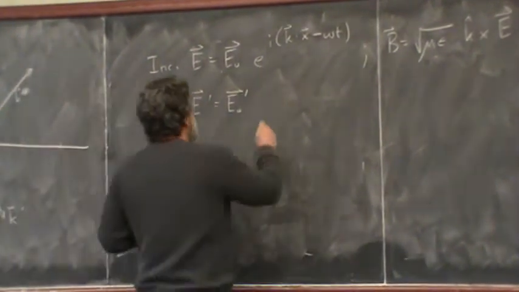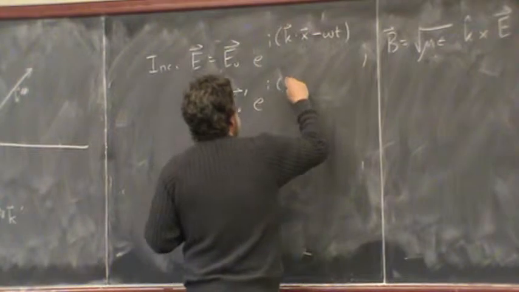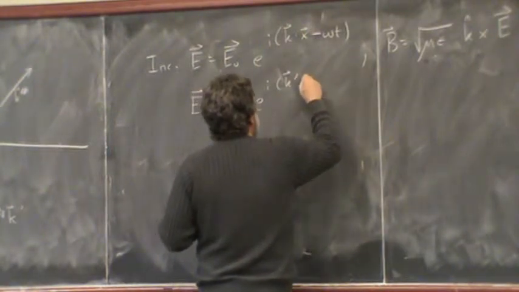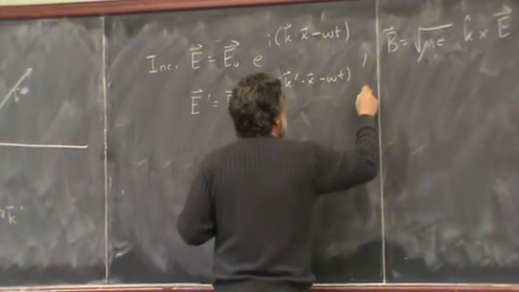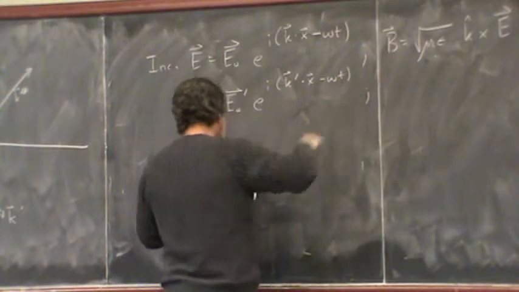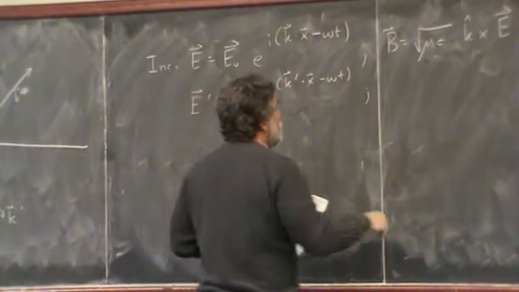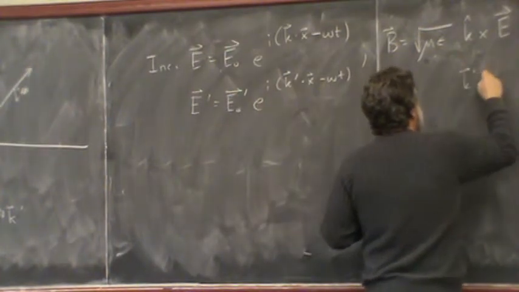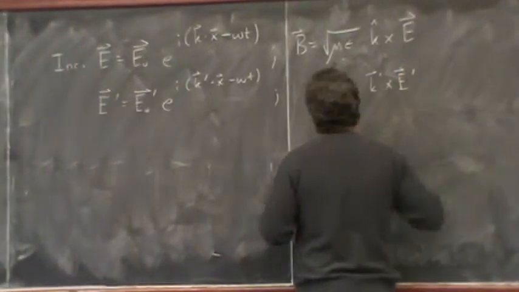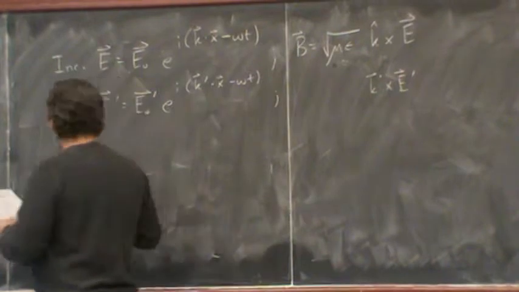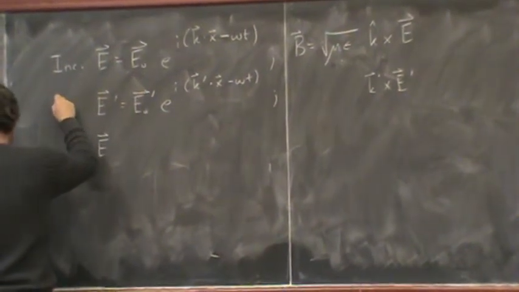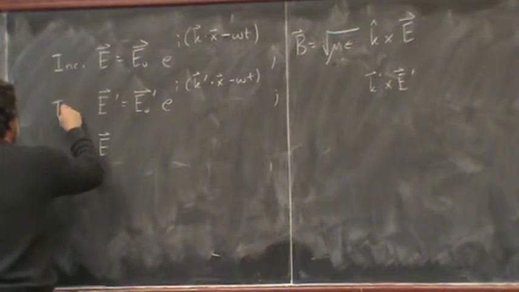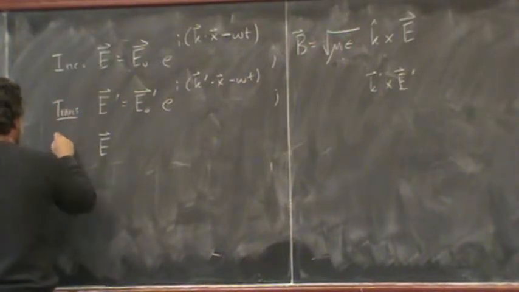But E to the i k prime dot x minus omega t. And B will have the same relationship. I don't have to write that down. I'll just write k prime cross E prime. And so this is transmitted, and this is reflected.